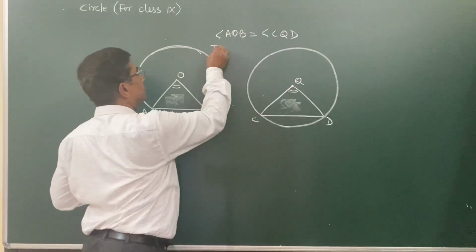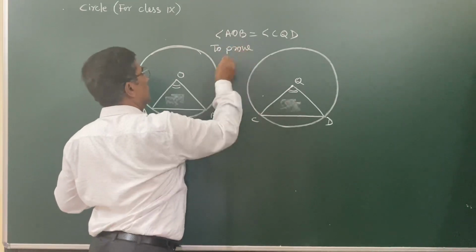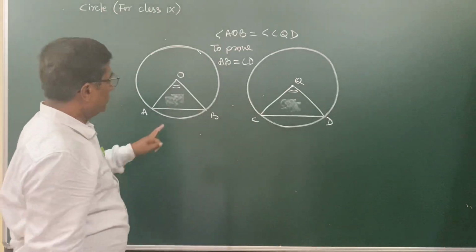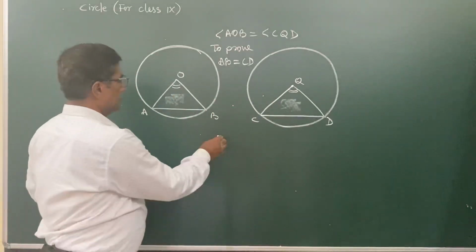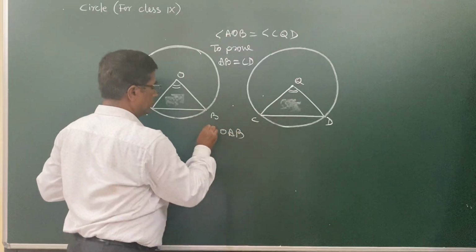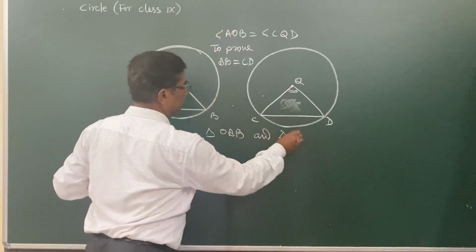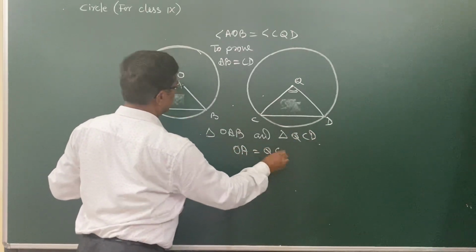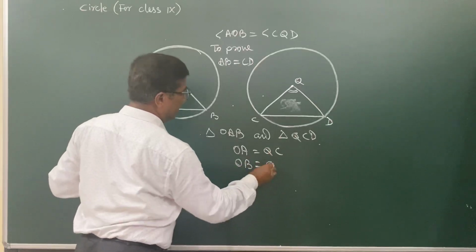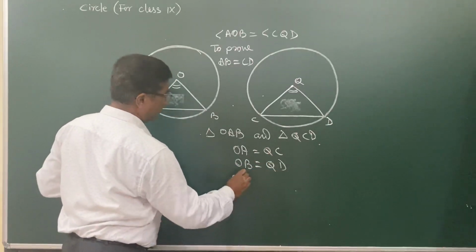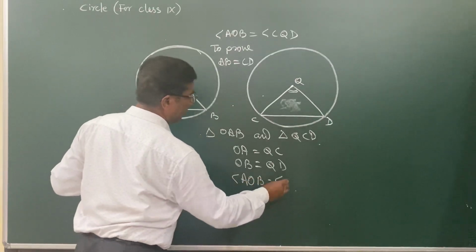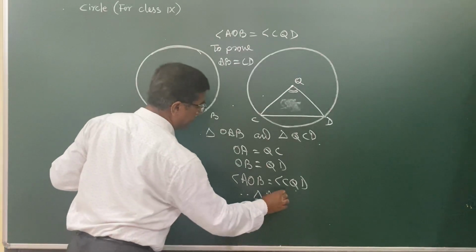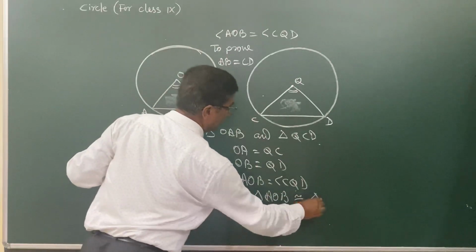To prove AB equals CD, you take the same two triangles, OAB and triangle QCD. In these two triangles, OA is equal to QC, OB equal to QD, and angle AOB is equal to angle CQD. Therefore, triangle AOB is congruent to triangle CQD.